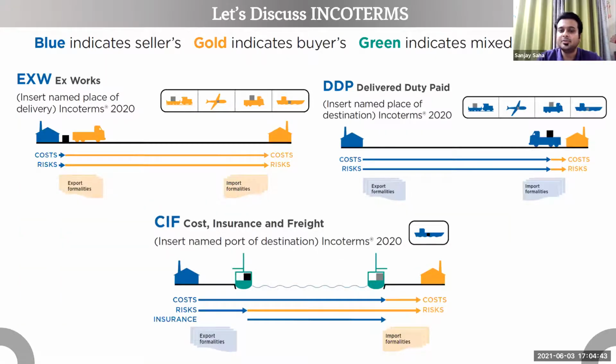Sometimes in your tender documents, I've seen this happening. Initially, the prices are always asked for X Works, so that you only get to see the prices at the seller's doorstep. Some organizations, like probably UNFPA, may ask only for X Works prices because they have a contract with a freight forwarding agent.